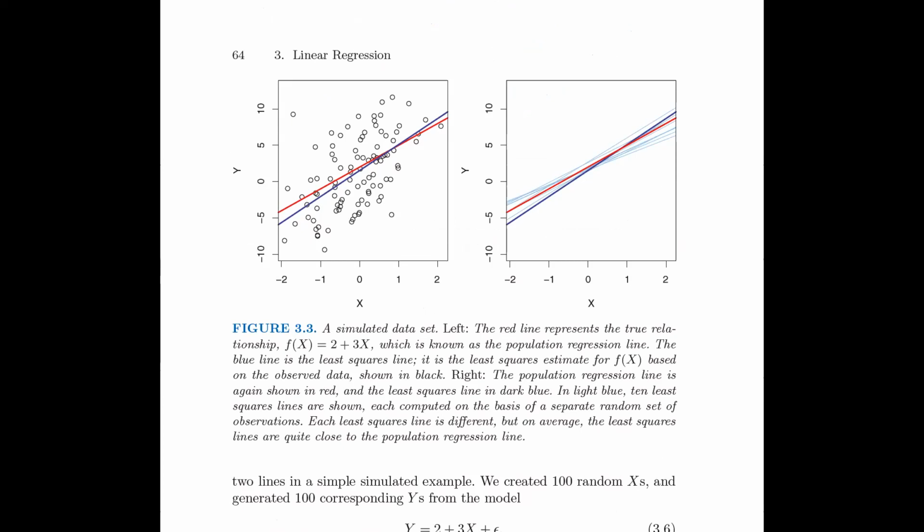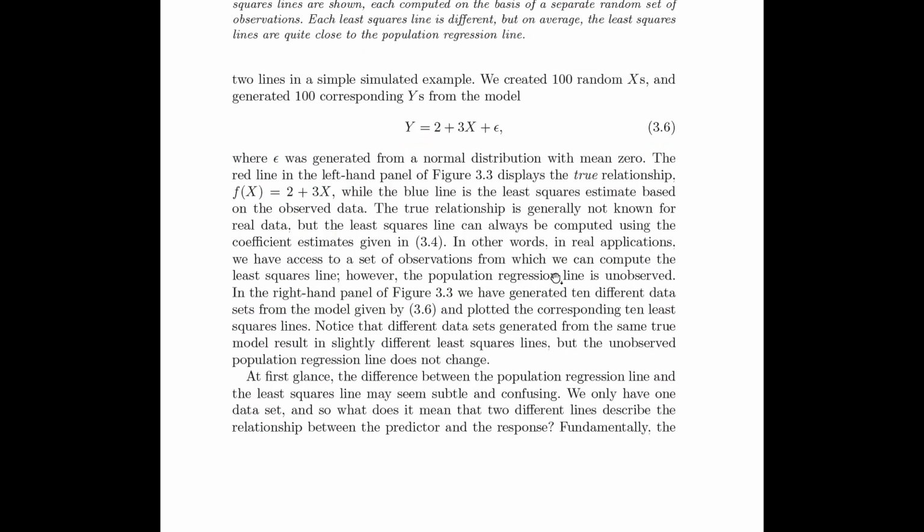The red line is not available. That's the point of applying these statistical learning techniques. You will only have the black data. Least squares regression, minimizing the RSS, creates the blue line.